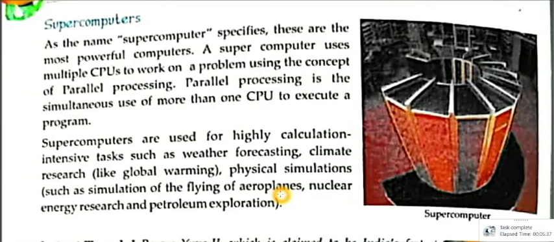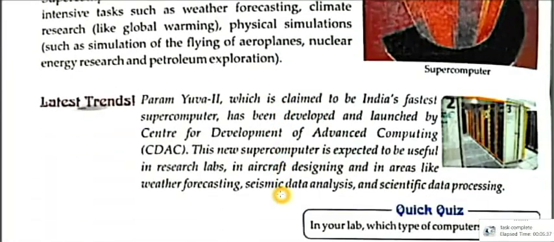Nowadays, people are using supercomputers to do research on the vaccination of coronavirus. The latest trend, Param Yuva II, which is claimed to be India's fastest supercomputer, has been developed and launched by the Center for Development of Advanced Computing, CDAC.